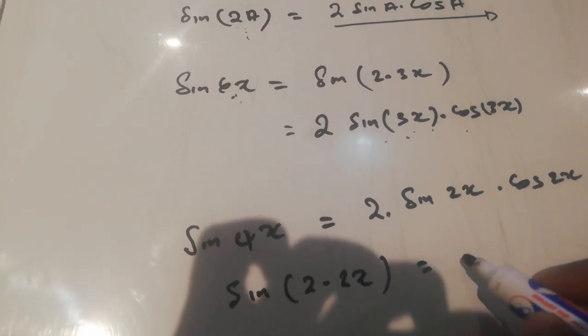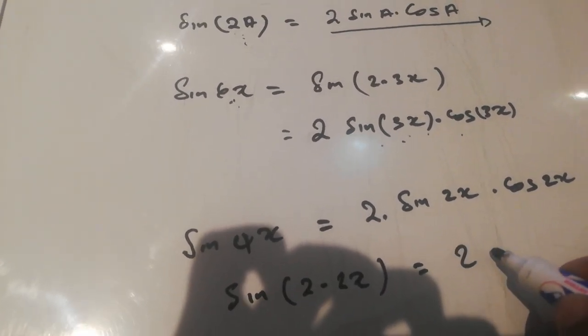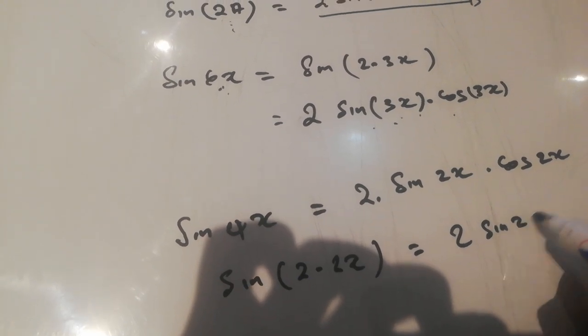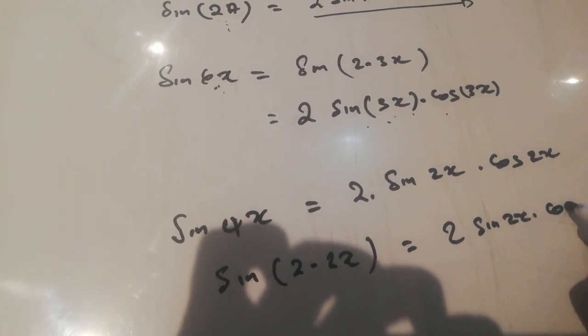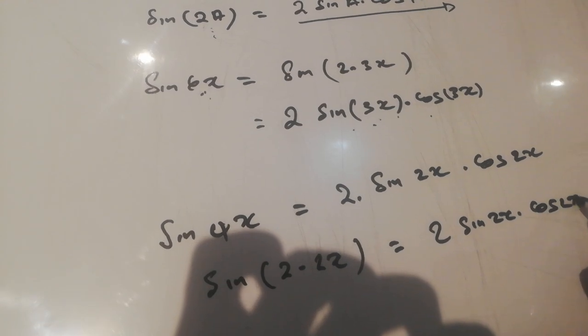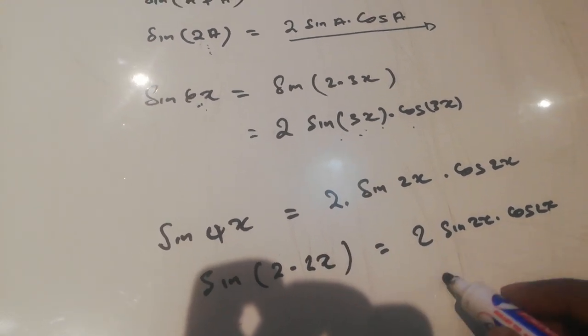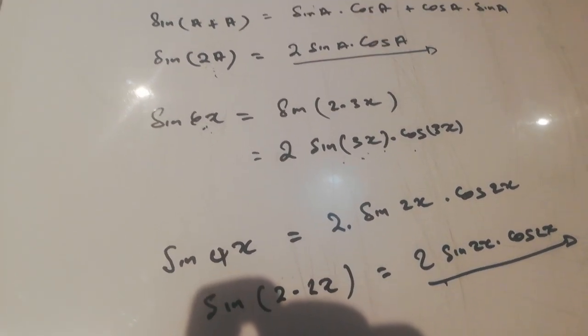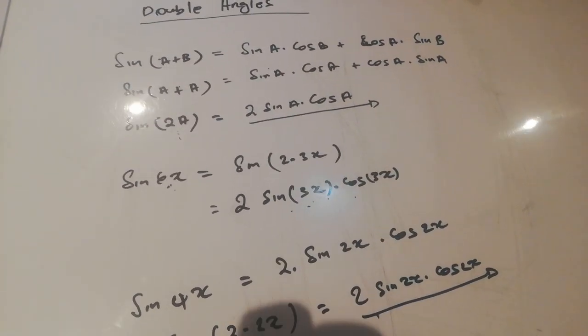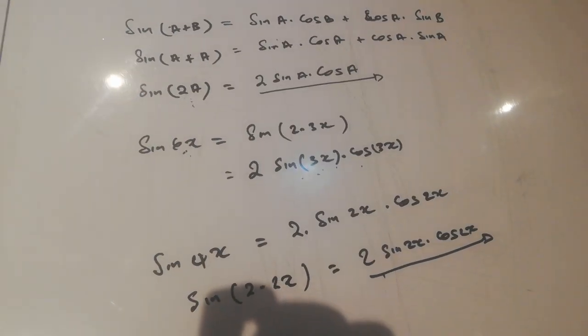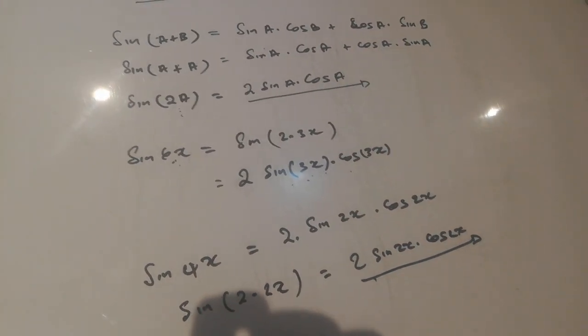And then from here you know that it will give you 2 sine 2x times cos 2x, and that will be your answer. So these are examples of double angle identities for our sine.